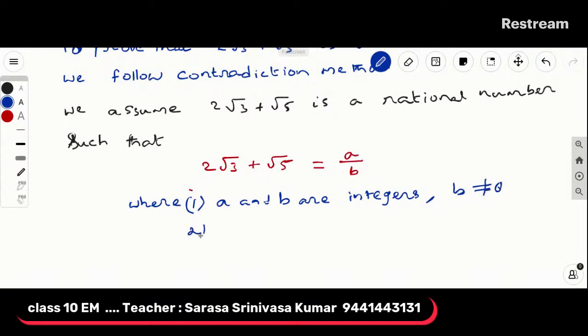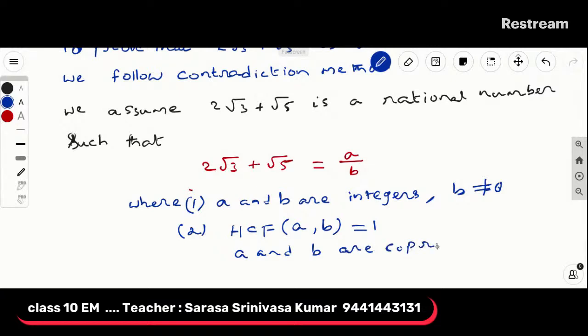And the second condition: the highest common factor of a and b is equal to 1. That is, a and b are coprimes.